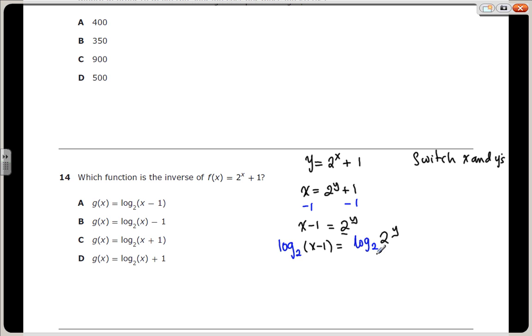The reason why I chose log base 2 is because log base 2 and the exponent 2 right here are opposites, and they basically cancel out. So you're going to be left with y. Let me write that. y equals log base 2 of x minus 1. Okay? So your answer is basically A.